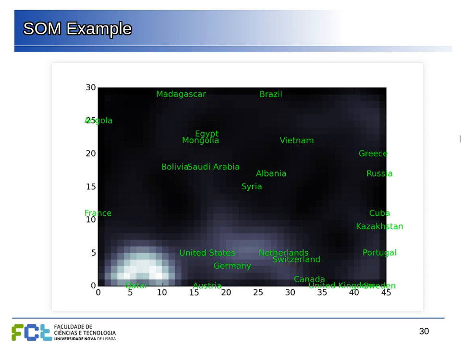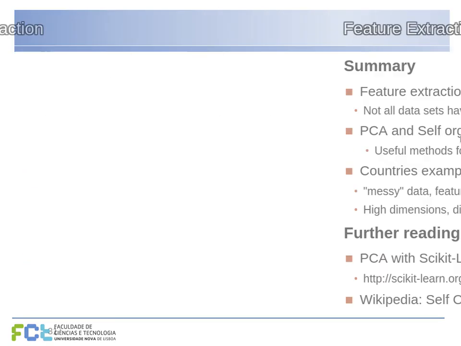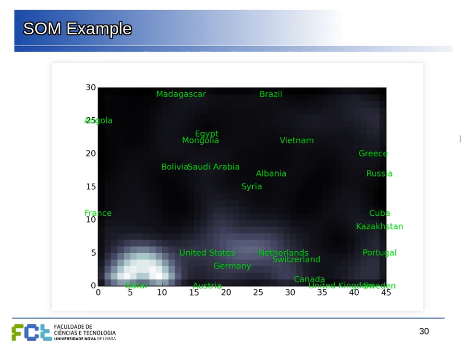So to sum up what we saw, first, in many cases it's necessary to extract features because the data that we have is not really useful for just feeding into some machine learning algorithm. So in this case we had to fit those polynomials so that we could describe the progress of each indicator with a fixed number of parameters.